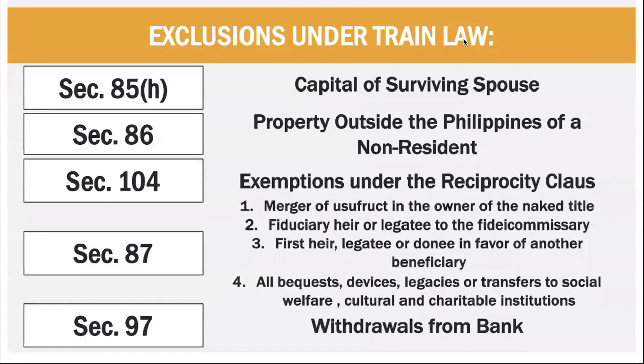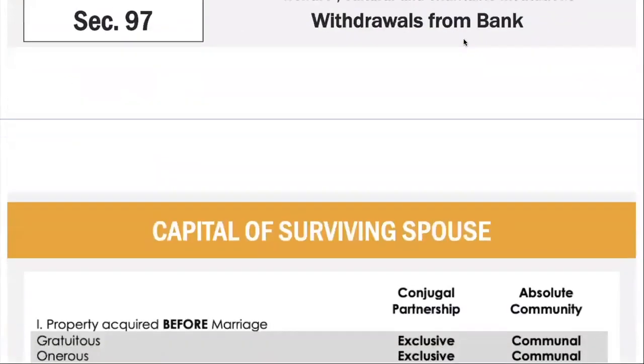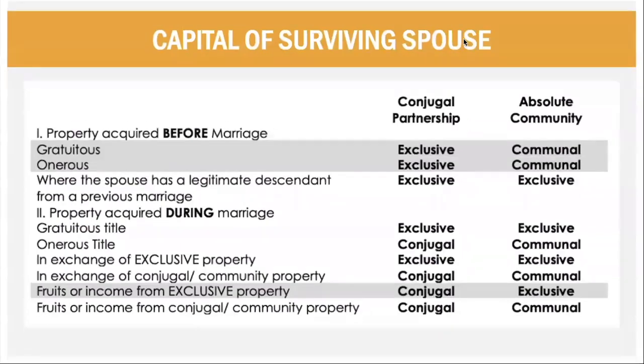Let's start first with Section 85, letter H, the capital of the surviving spouse. You should not always deduct or exclude this as an item of the gross estate. Because generally, for estate tax, you need to determine first if the decedent is married or unmarried.